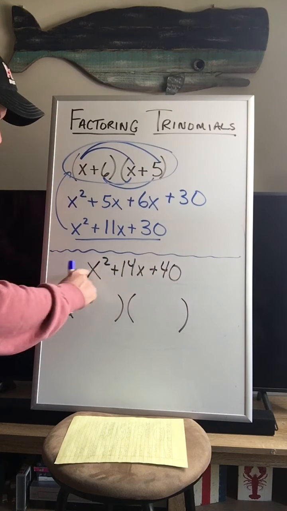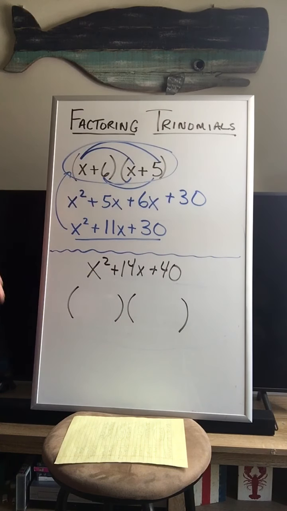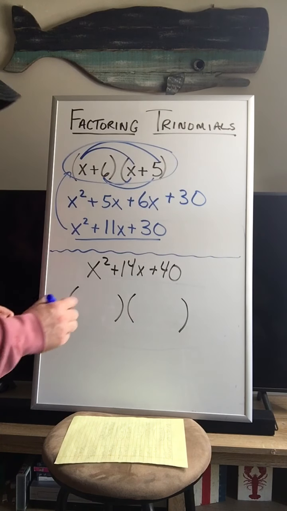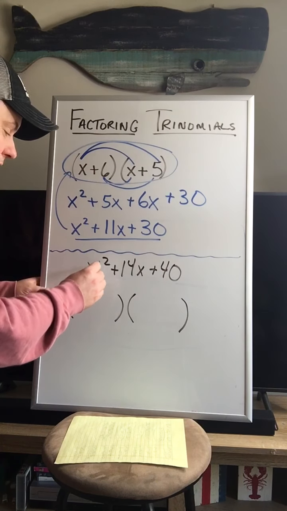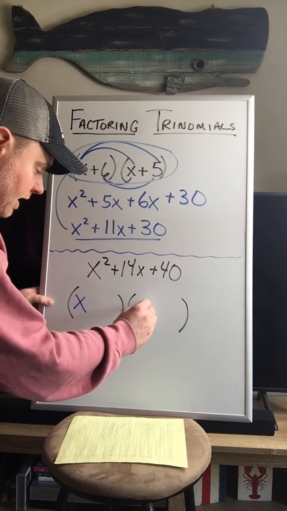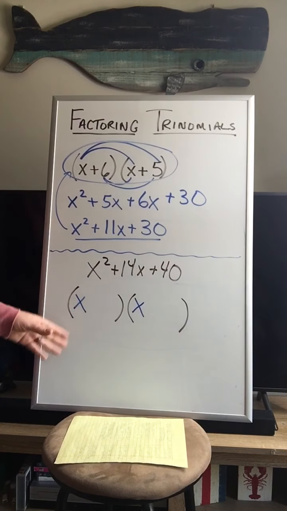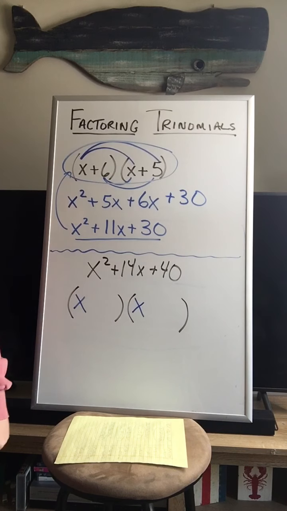If you look at this polynomial, it starts with an x squared. So anytime it starts with an x squared, the only way to get an x squared is if you have an x here and an x here, because your first multiplication is going to be this times this. So if it's an x squared here, it's always going to be an x and an x in the binomials.